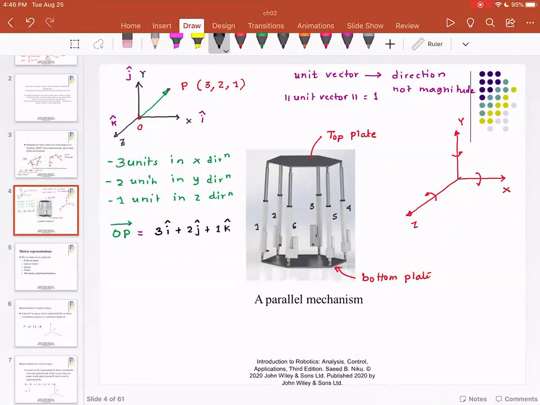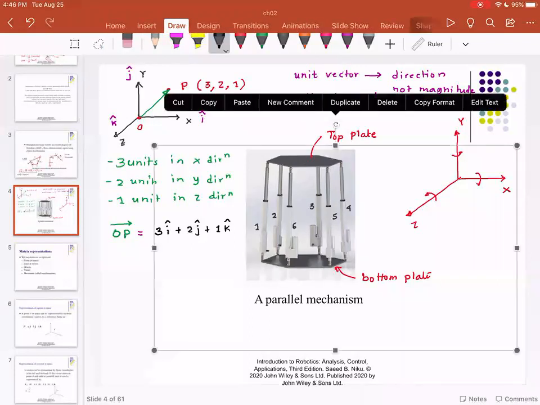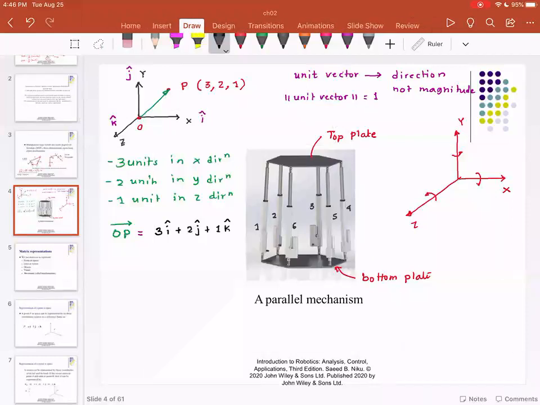Now this can be represented something like this. I want you to represent this vector something like this. Check this out. I can say 3, 2, 1 multiplied by i, j, k. So this is a vector multiplication.